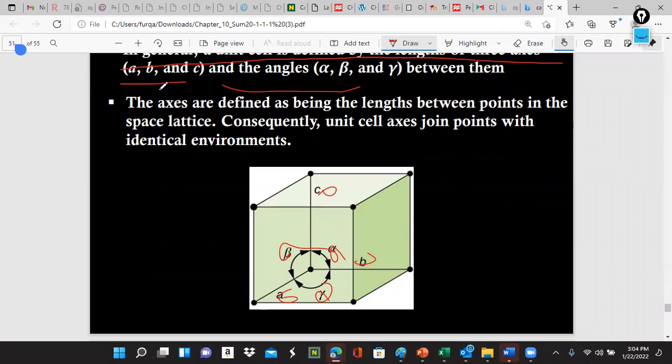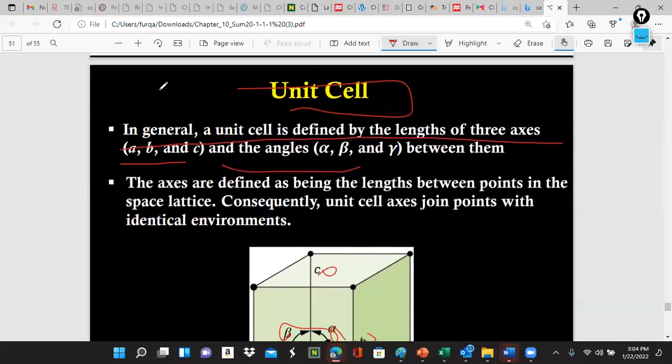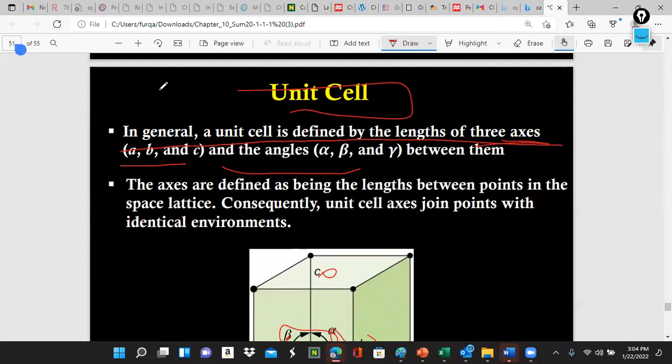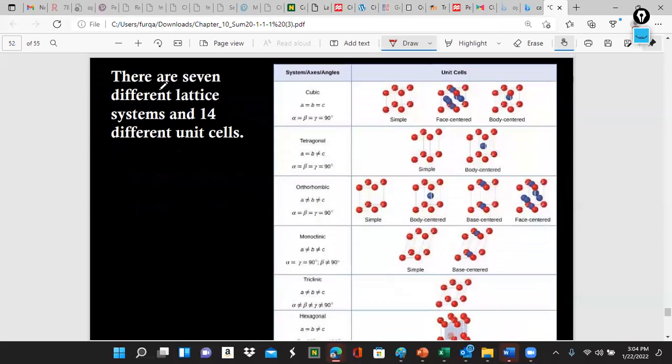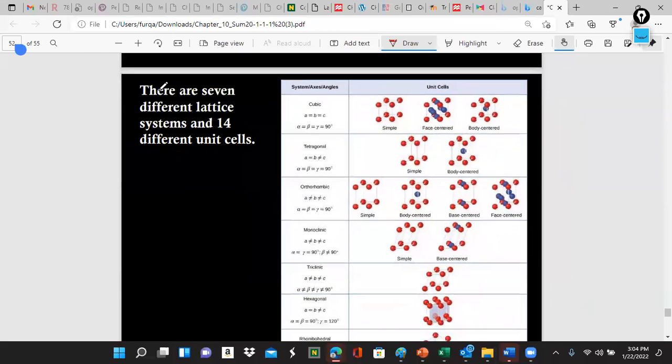So if you have 90 degrees for all of alpha, beta and gamma, and all the axes C, B, and A are equal, then it's going to be the cubic type. Okay, so here is the list. This is what you're going to cover in the list. We have unit cells of different types within the same type.